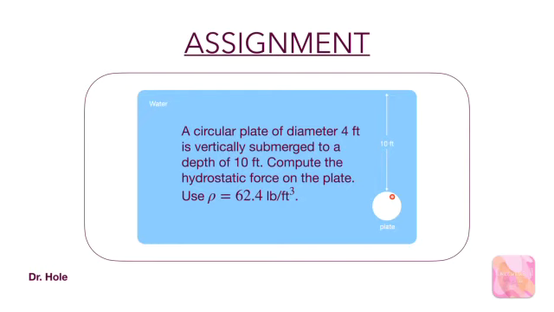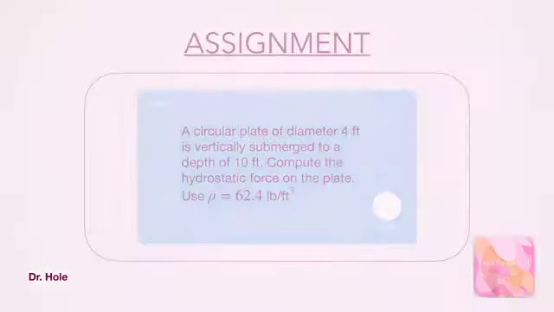You want to consider, just like we did on the dam, strips. You can see that as you look deeper and deeper down into the water, the horizontal strips have varying widths. Very good.